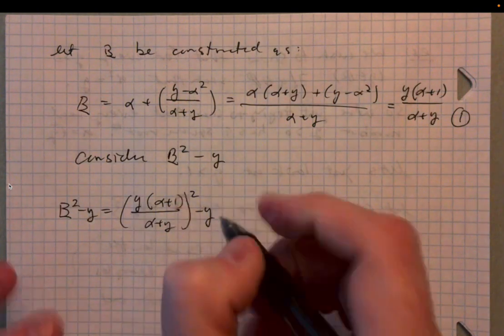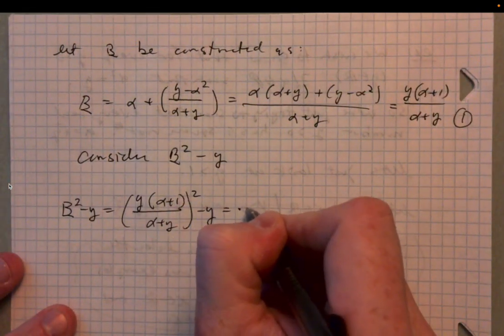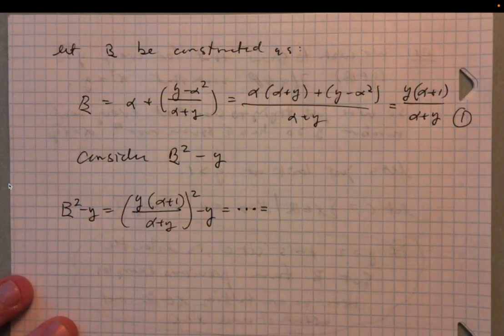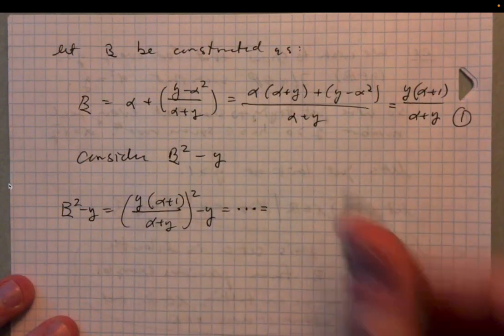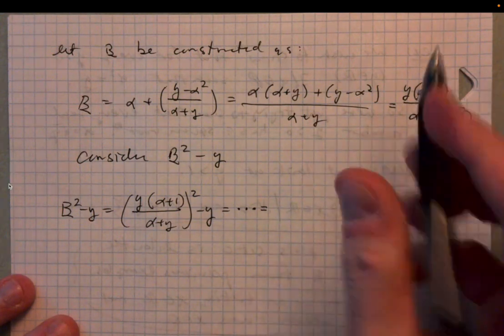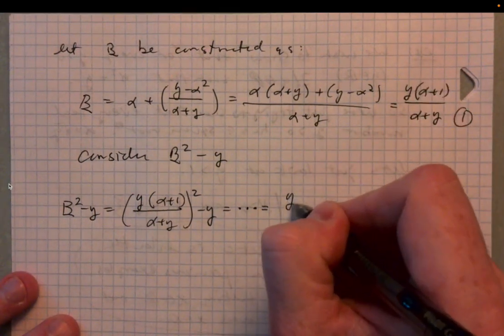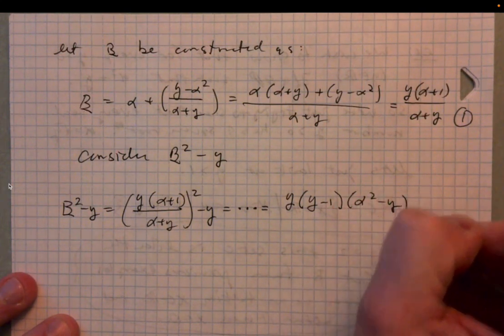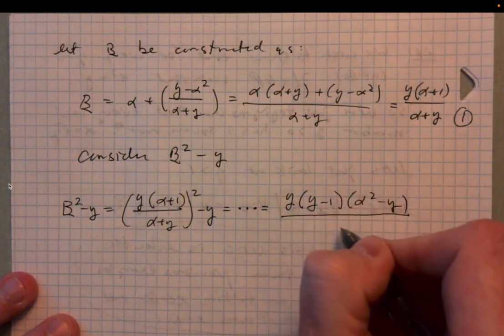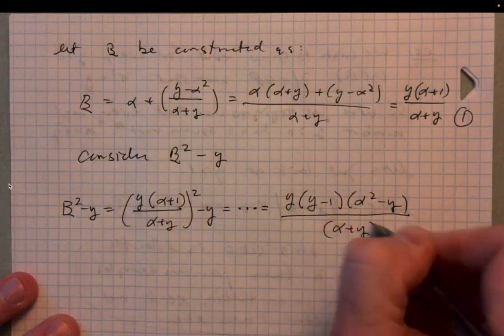I'm not going to go through the whole derivation here, but I'll let you do it. You can just expand this, collect terms, simplify, and you can see that this is equal to y times y minus 1 times alpha squared minus y over alpha plus y squared.